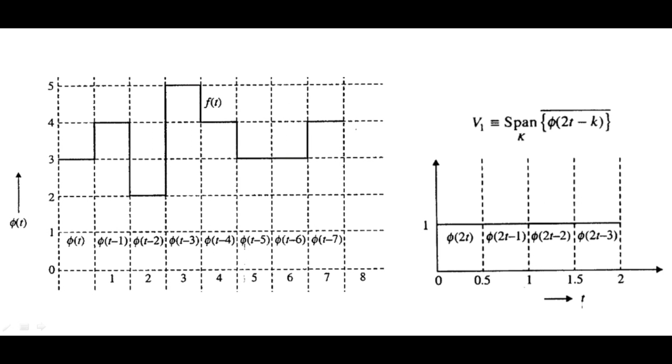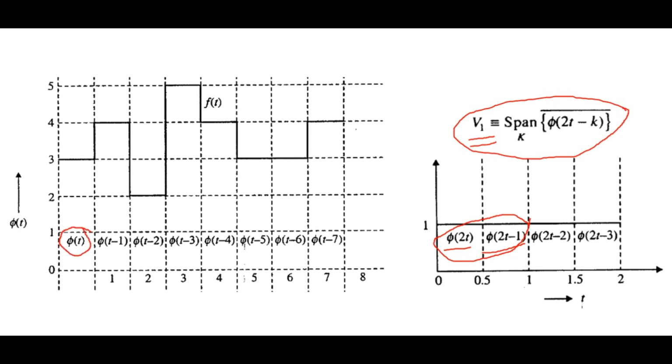So that time we had obtained V1 as the functional space, and this was the mathematical expression to denote the same here, where the functional basis, you see phi of 2t, phi of 2t minus 1, where the 2 is constituted for phi of t only.